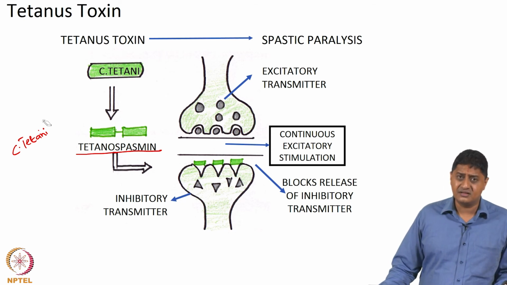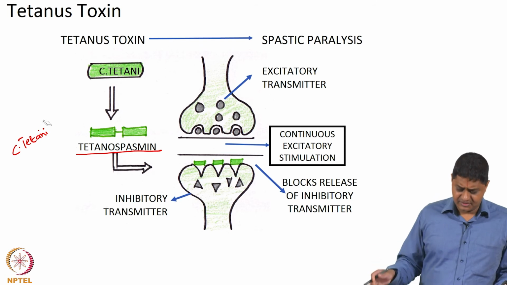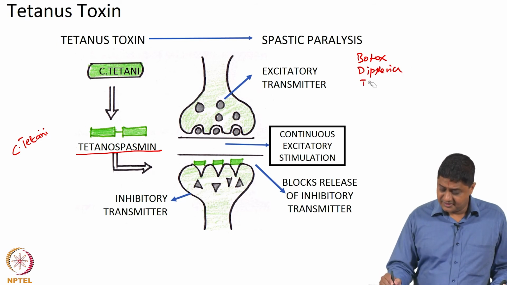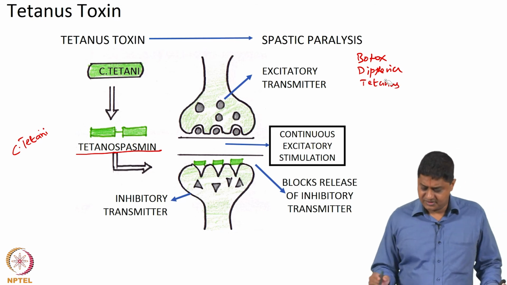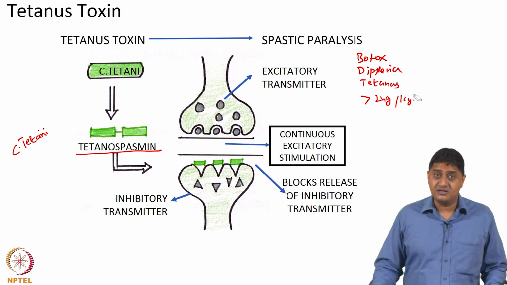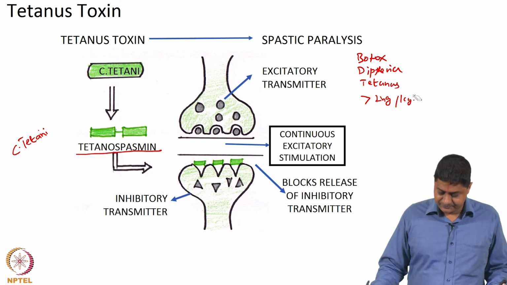Actually, it is the third most potent after Botox and diphtheria toxin, in that order. You need a little more than 2 nanograms per kilogram for it to be very potent.